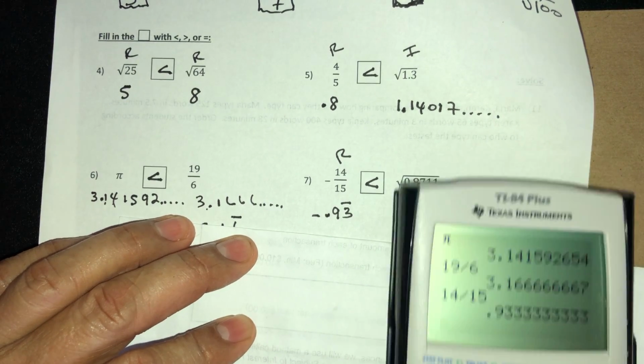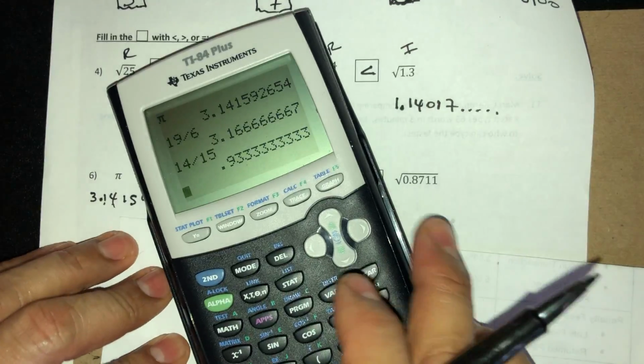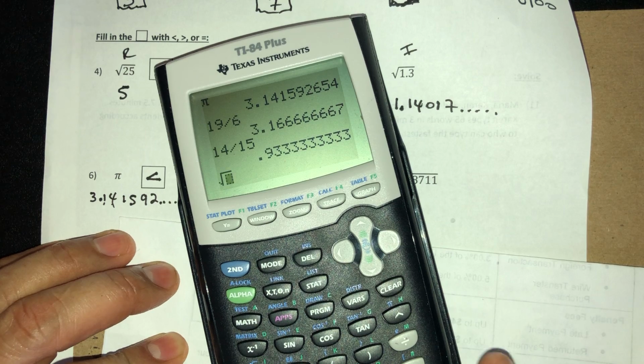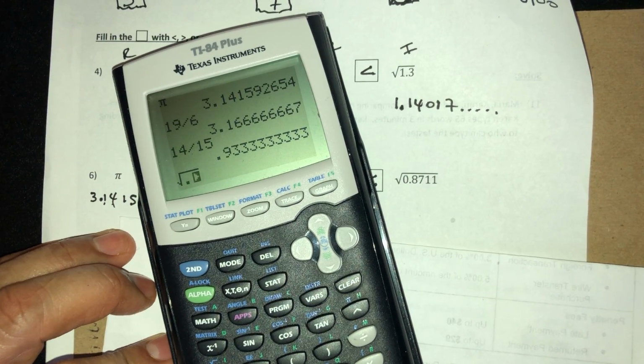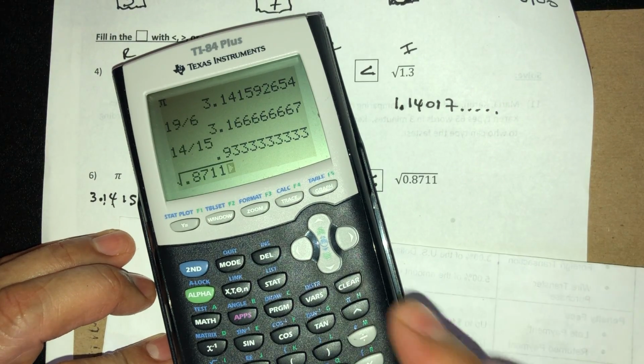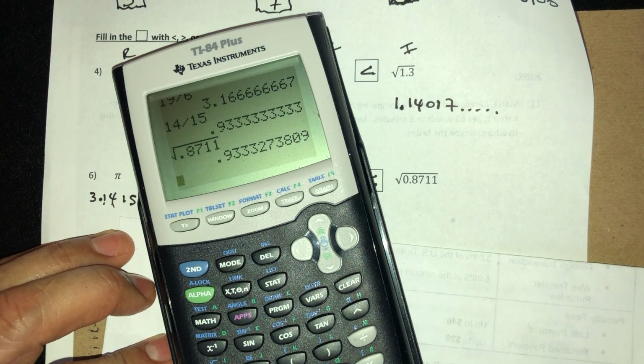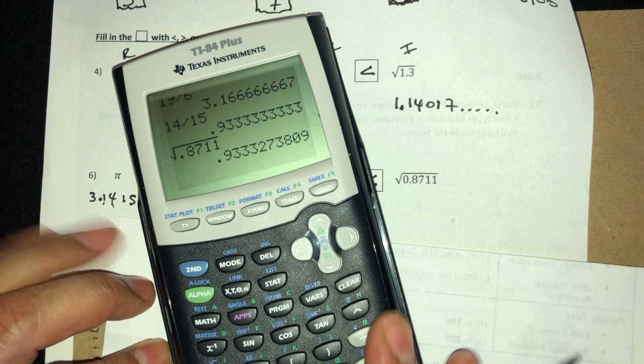So now you evaluate the square root of 0.8711. So I'm going to write second x squared, and I'm going to type 0.8711. The 0 doesn't matter, okay? Because 0 to the left means nothing. If I do that, look what happened. It becomes 0.9333, okay?